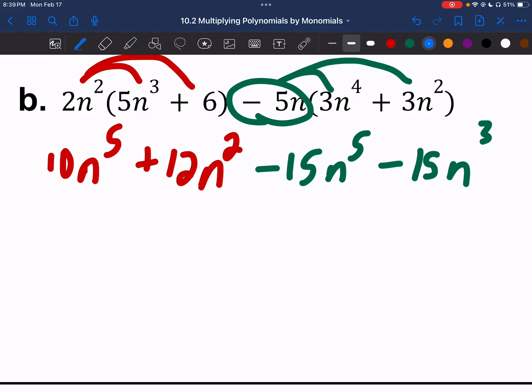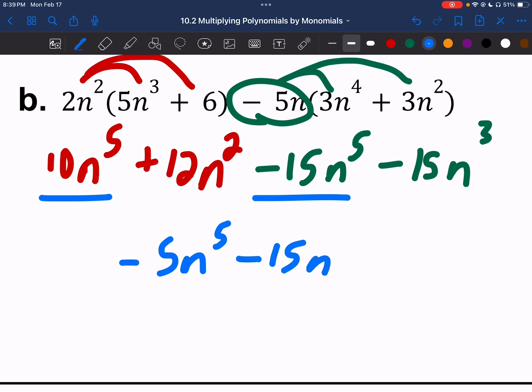Combine like terms, we have 2 to the fifth terms, so 10n to the fifth minus 15n to the fifth minus 5n to the fifth, and then we've got minus 15n cubed plus 12n squared.